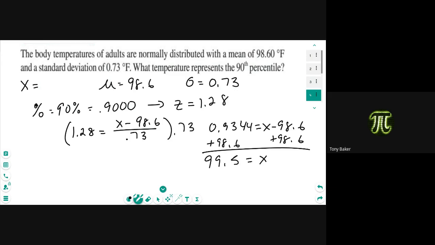I'm telling you that the body temperature is 100 degrees. So I'm giving you the what? Nope. I'm giving you the x. The mean is 98.6. The standard deviation is 0.73. I'm telling you x is 100, and we want to find the percent. So we're doing the opposite. We're doing the original way, right? We're not going backwards in this case. So if x is 100, what's the percentage of people that would be excluded from that?